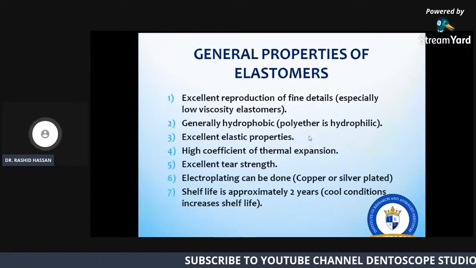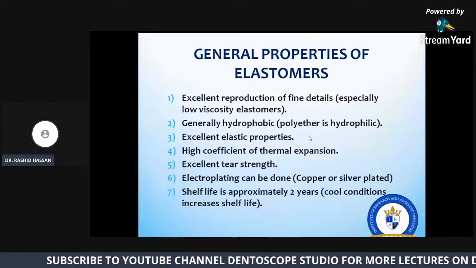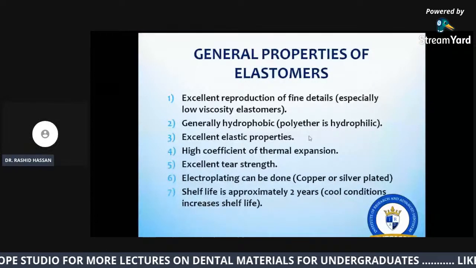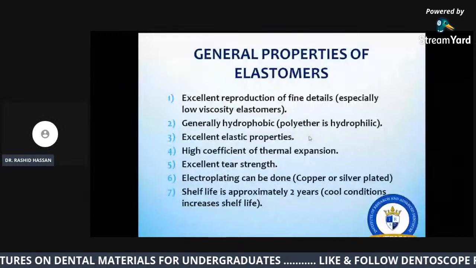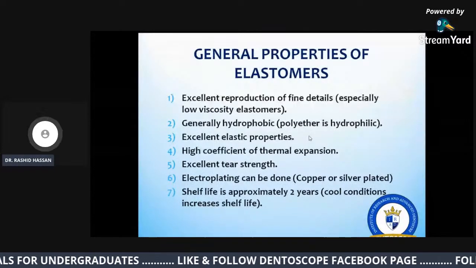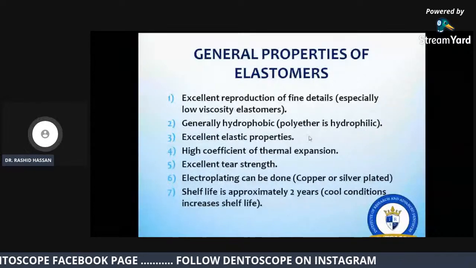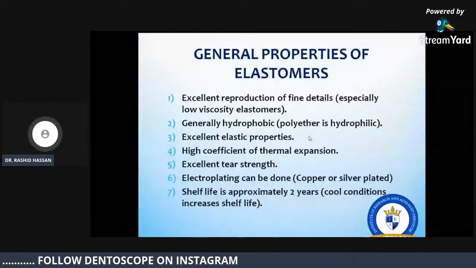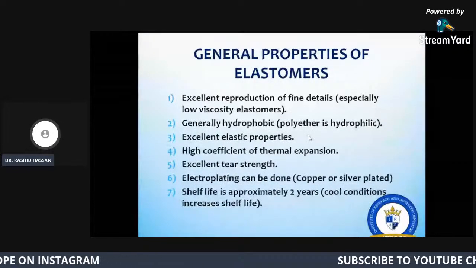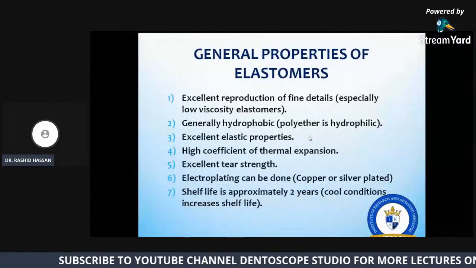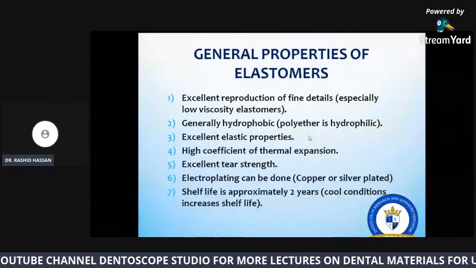As I've told you, the impression materials are basically an evolutionary process. During this evolution, the rigid impression materials were replaced by agar and alginate. After that, agar and alginate were replaced by much more sophisticated and much better materials like elastomers.